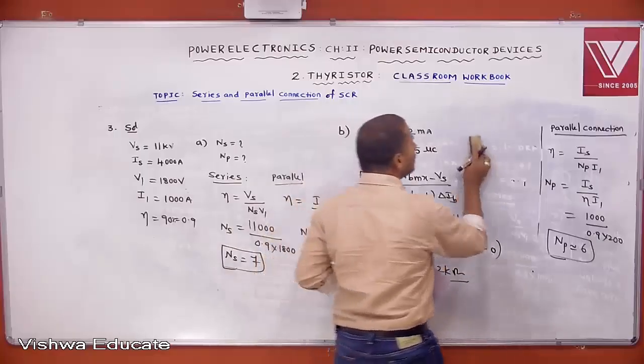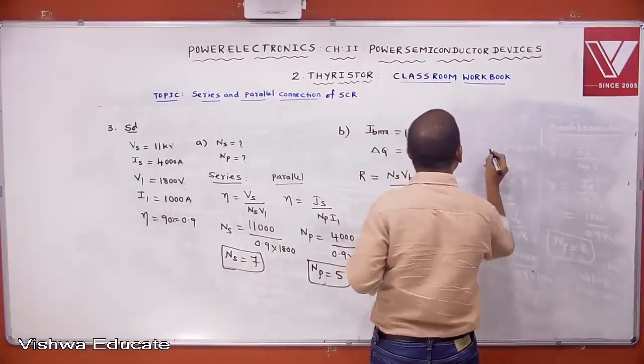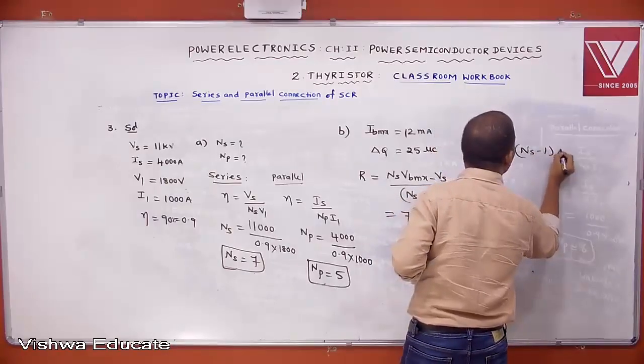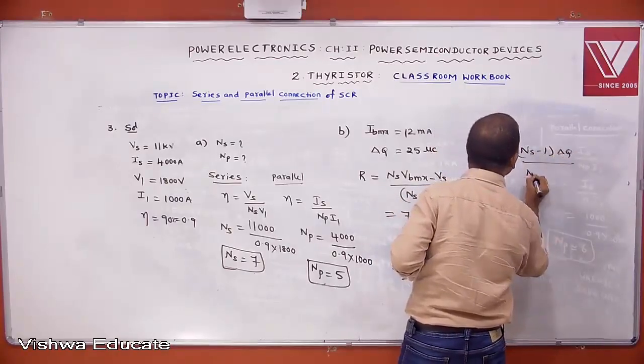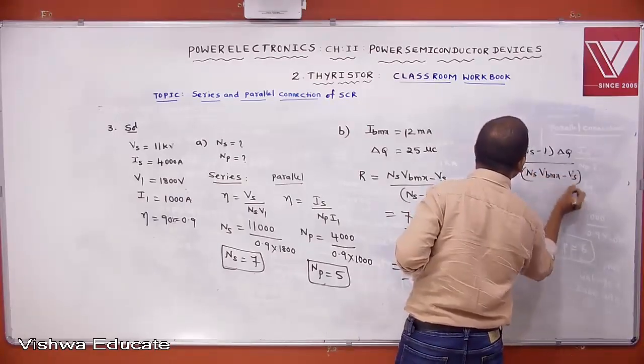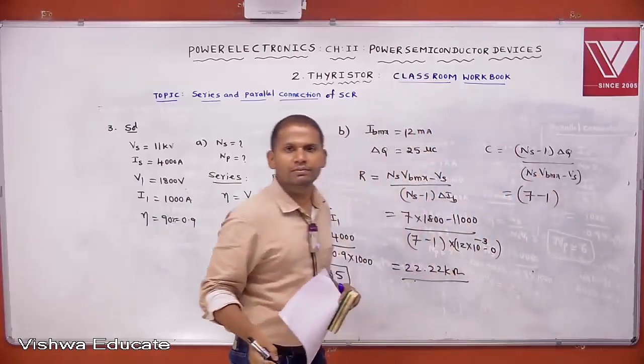Then you want to calculate the dynamic equalizing capacitance. C equals Ns minus 1 into delta Q, by Ns into VBMX minus Vs. Ns is 7, it is also a series connection, so 7 minus 1.